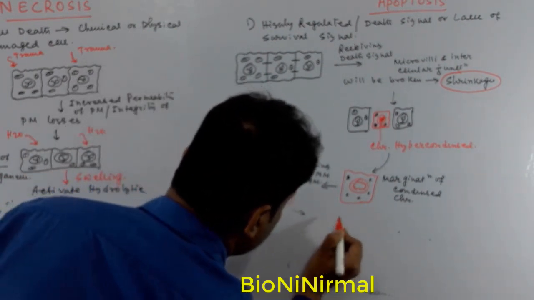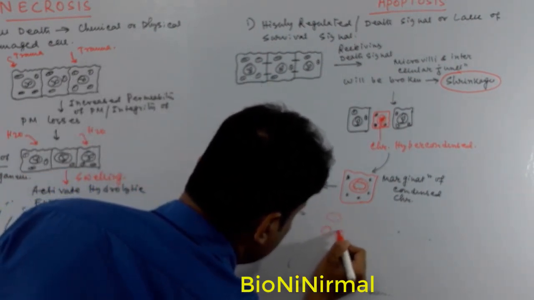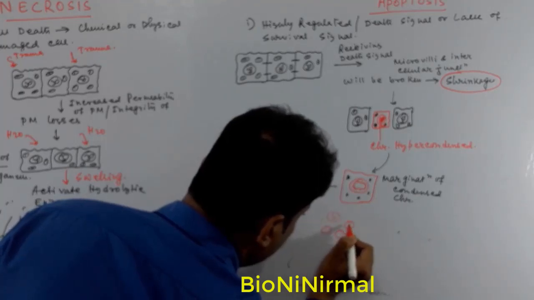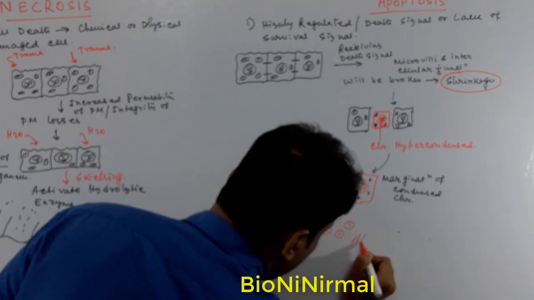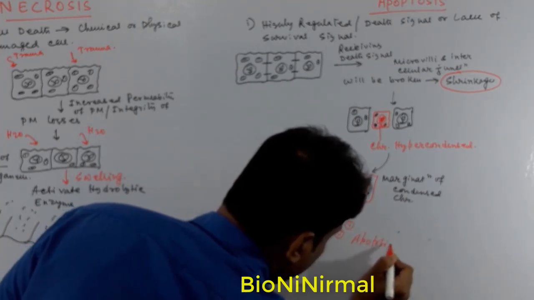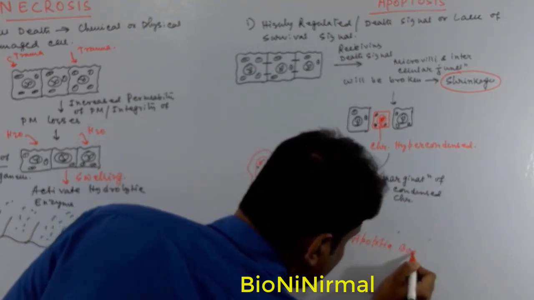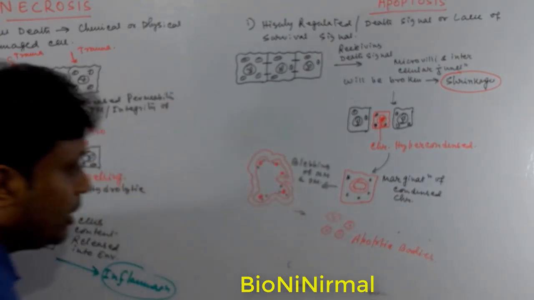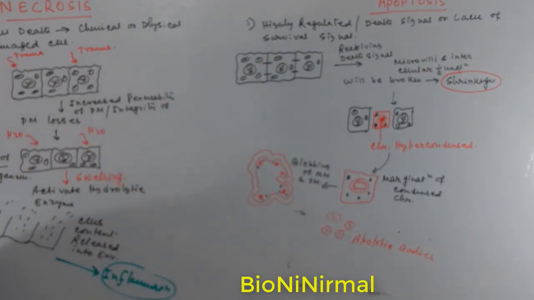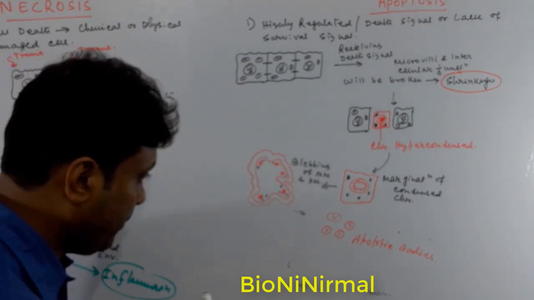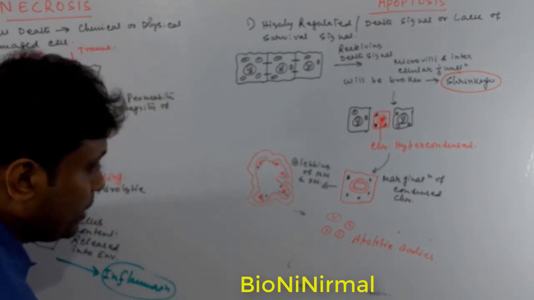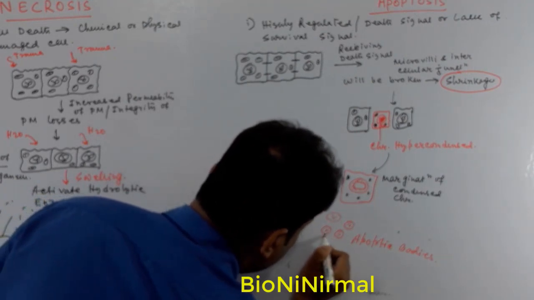So this will produce the many apoptotic bodies, and these apoptotic bodies contain the chromosome and the remnant of this cellular organelle. So apoptotic bodies are very important, and in these cases you have seen that the cellular content is not actually released from the cell. Actually this will produce the apoptotic bodies, okay, and then these apoptotic bodies produce the epitope.